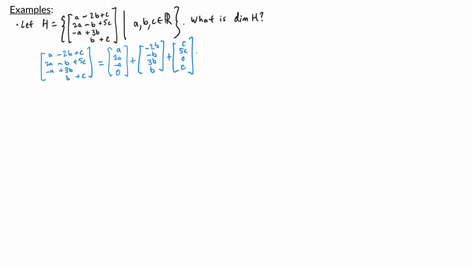Factoring out the a from the first vector, I have a times (1, 2, negative 1, 0), plus, factoring the b out of the second vector, we have b times (negative 2, negative 1, 3, 1), plus, factoring the c out, we have c times the vector (1, 5, 0, 1).